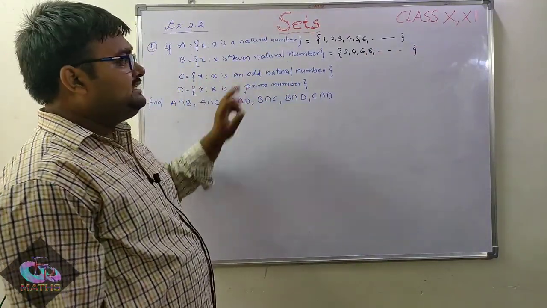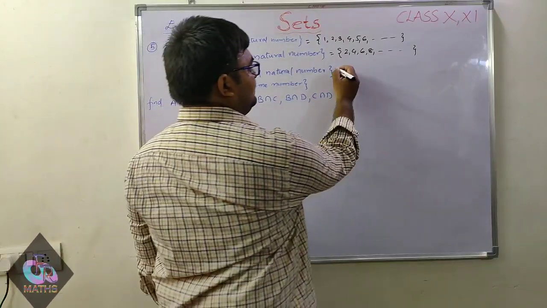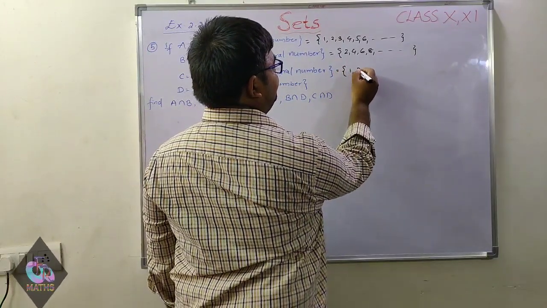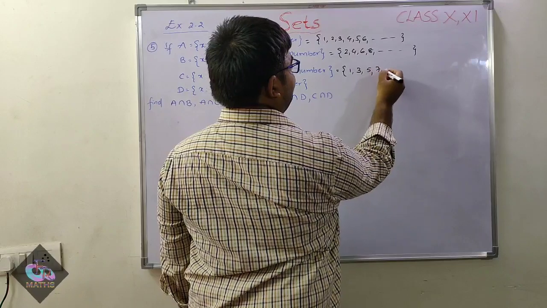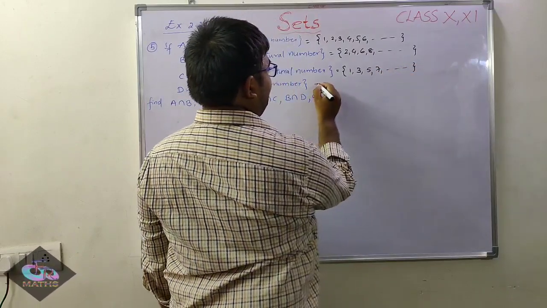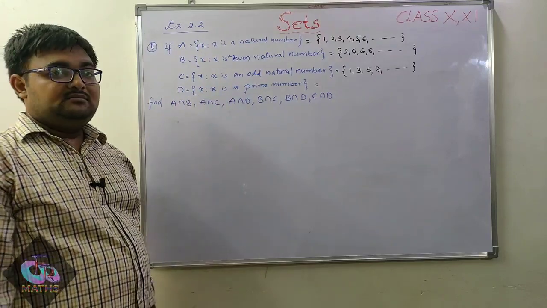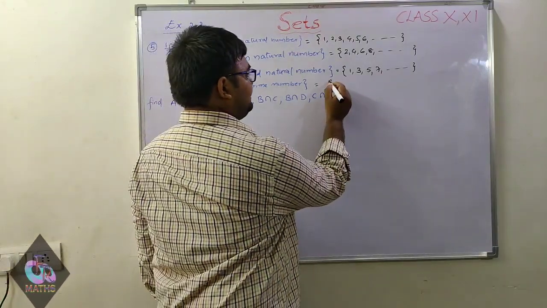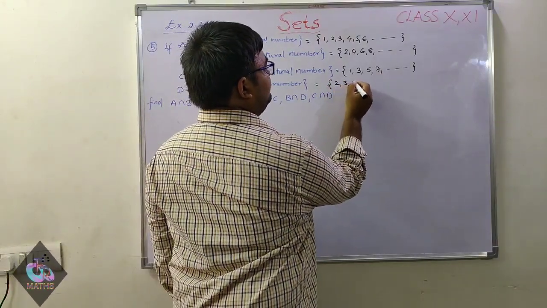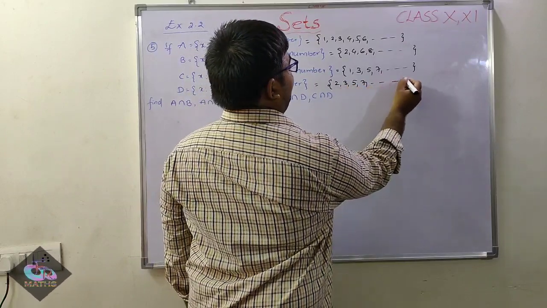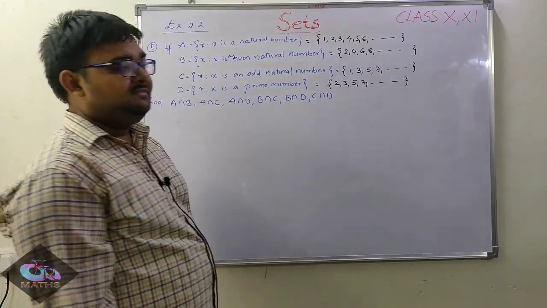Next, set C is the set of odd natural numbers, so 1, 3, 5, 7 and so on. Likewise, set D is the set of prime numbers, so 2, 3, 5, 7 and so on.